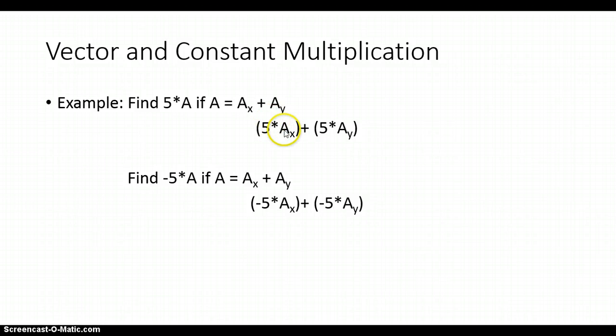So it's 5 times a sub x plus 5 times a sub y, and that will be your answer for multiplying 5 times A. And if you have negative 5 and you multiply that, very similarly you'll end up with negative 5 of a x, negative 5 of a y.